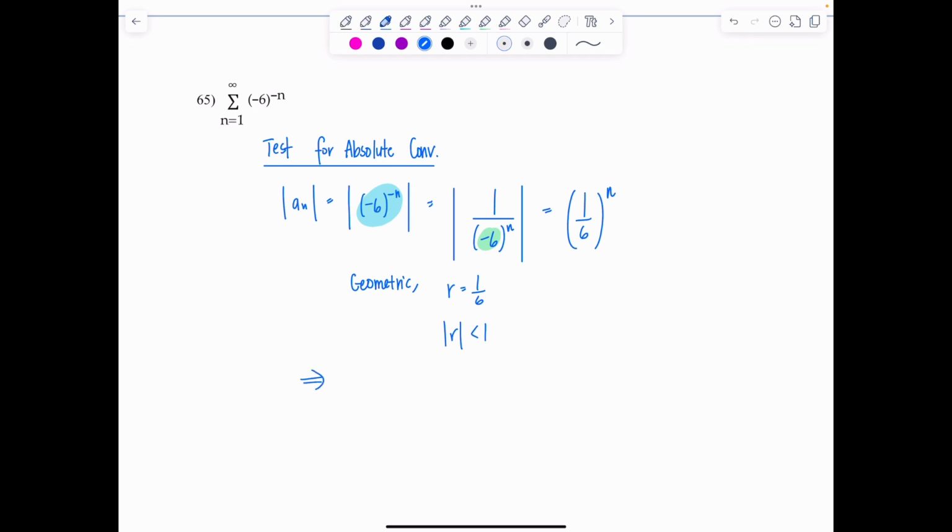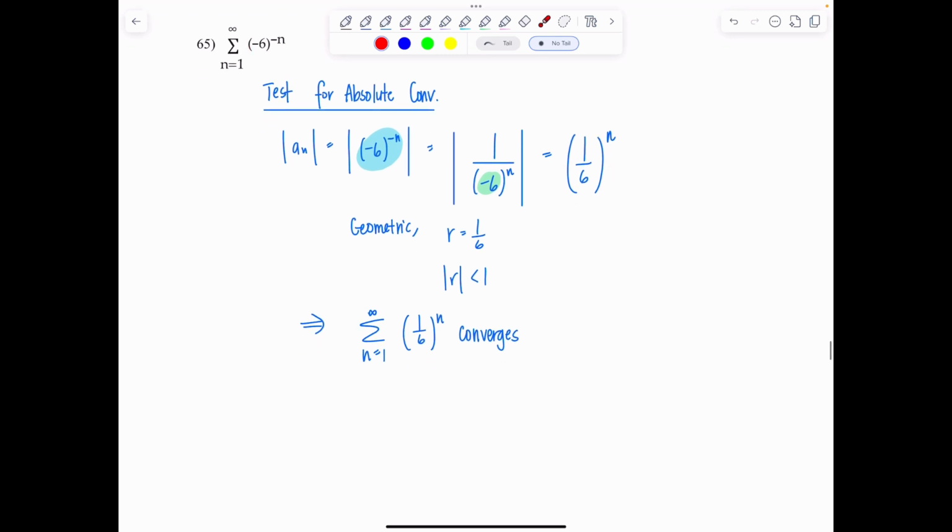So that tells me the sum, n equals 1 to infinity, of (1/6) to the n converges. And remember, this was the absolute value of the original terms of my series. So now I can say my original series converges absolutely.